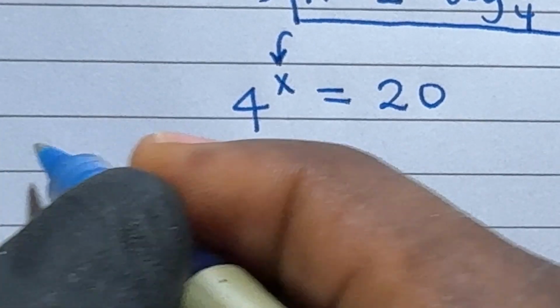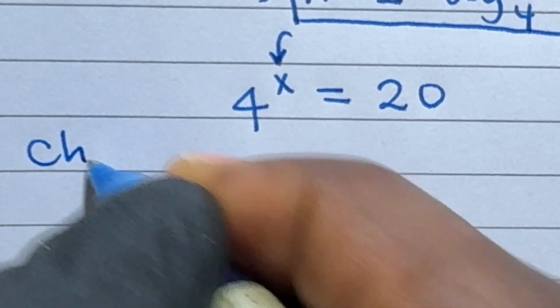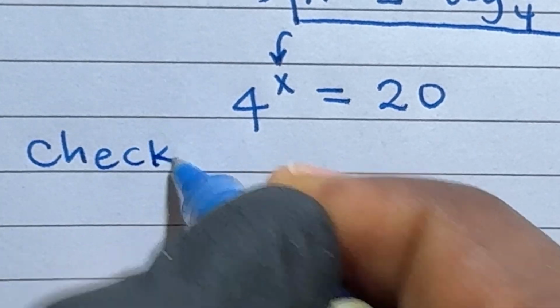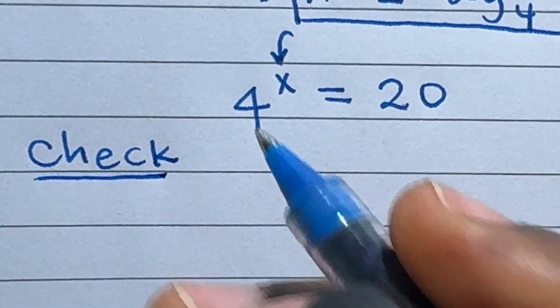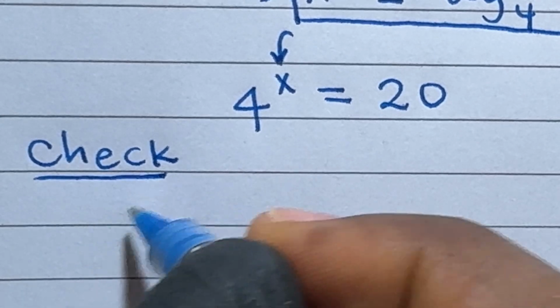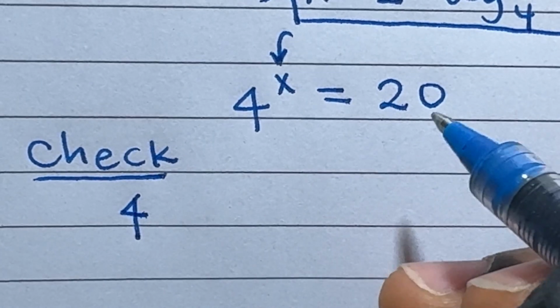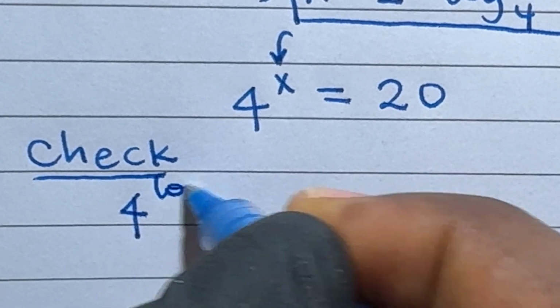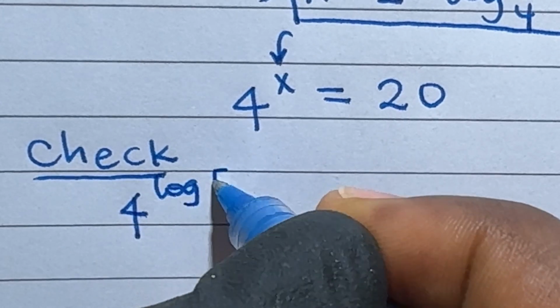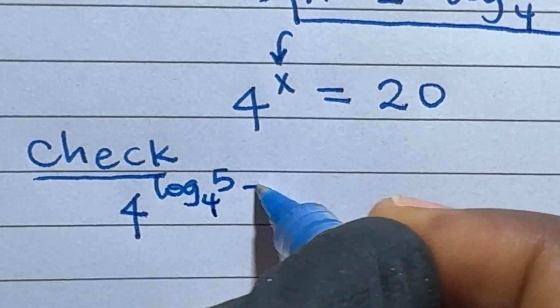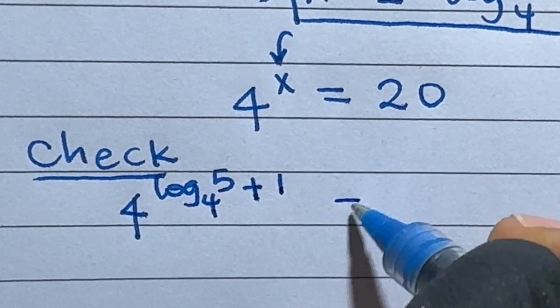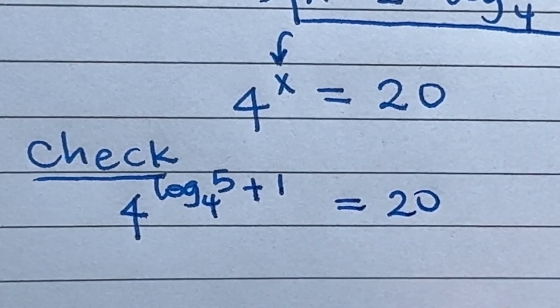So we check. This becomes 4 raised to power log 5 base 4 plus 1. This must give us 20.